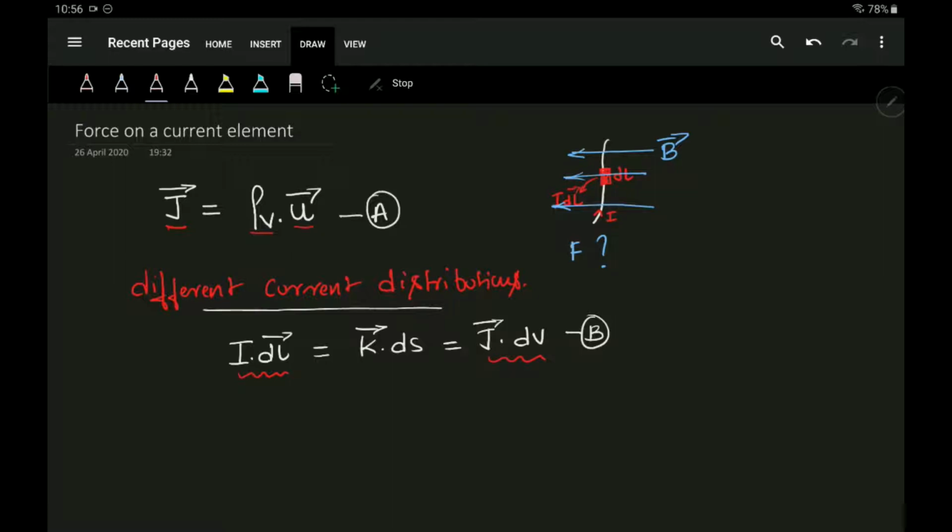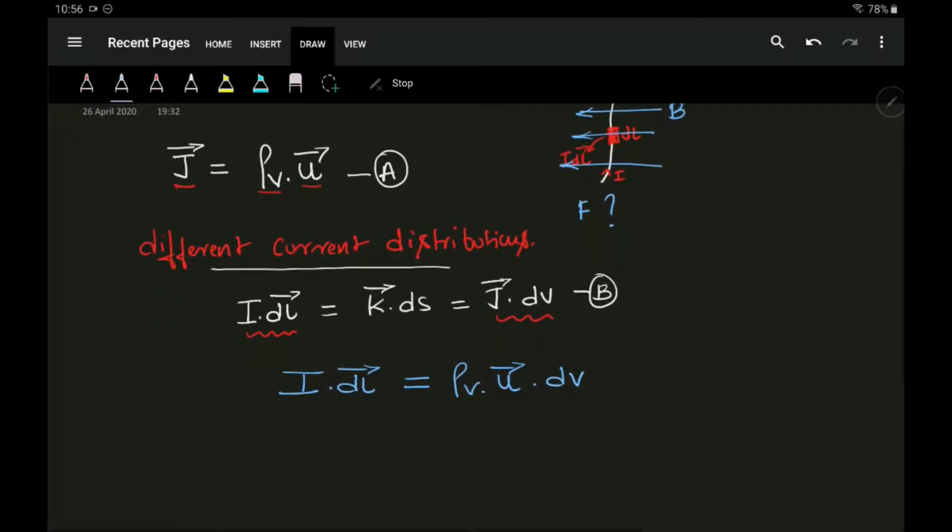To do that, I'll take the line current element I dl and equate it with J dv, but instead of J I'll write the volume charge density times the velocity, times dv, the differential volume. In this expression, rho v dv corresponds to the charge within a volume.